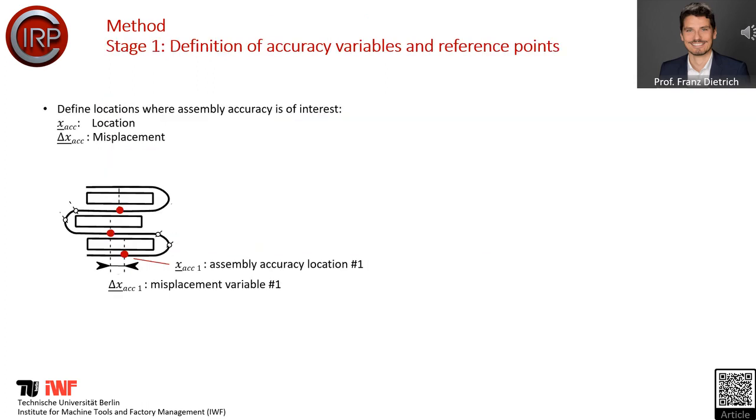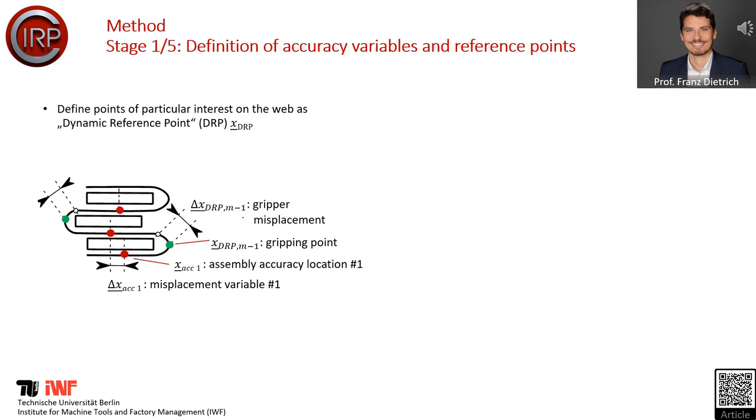At first, locations are defined where the assembly accuracy is of interest. In our practical case, this is the alignment or the misplacement of 2 adjacent electrodes. Subsequently, points of particular interest on the web are defined as so-called dynamic reference points.